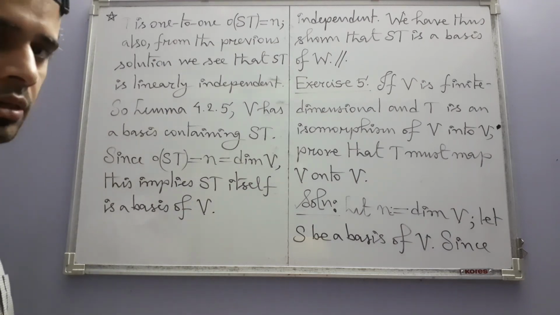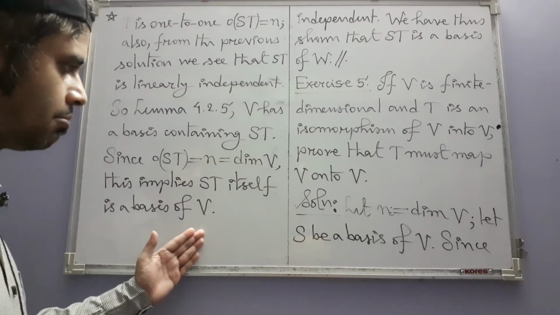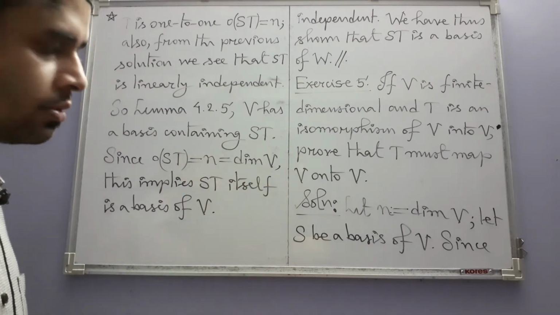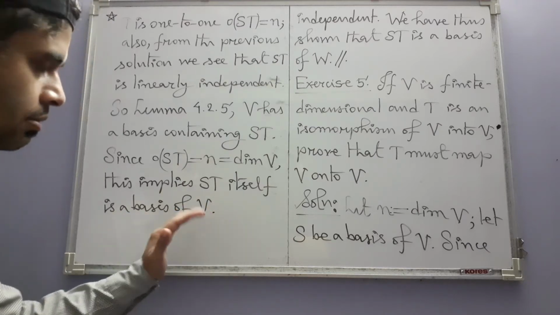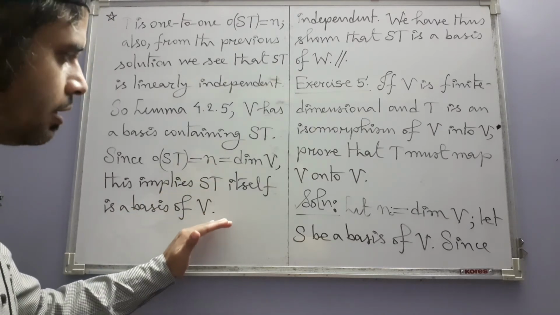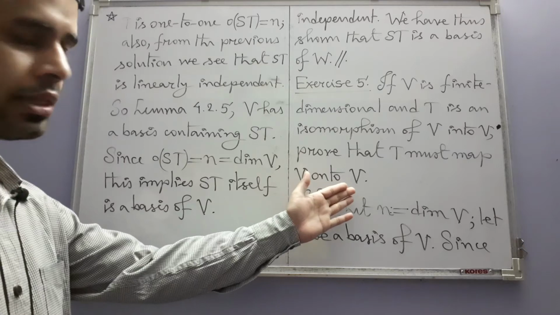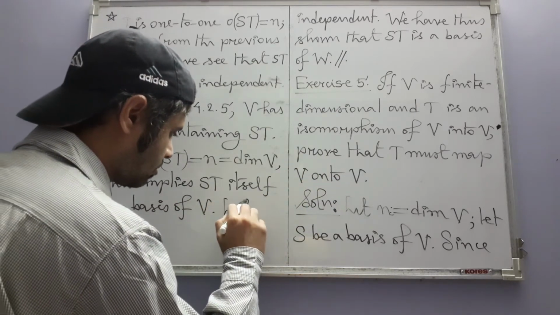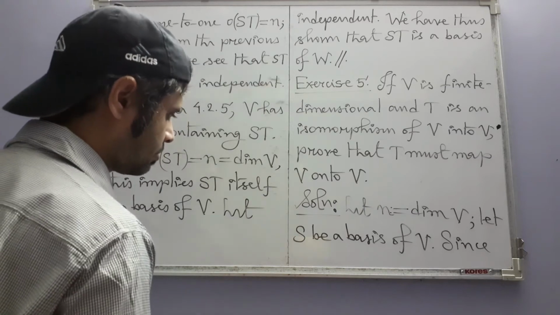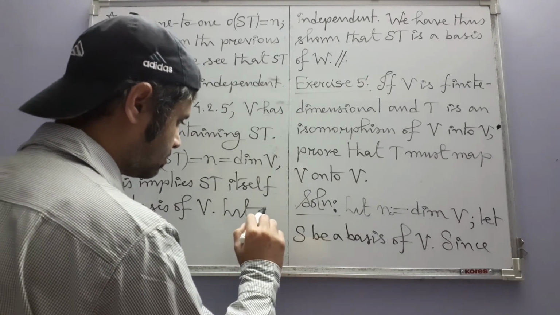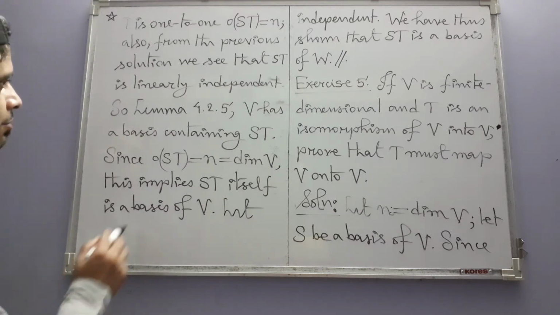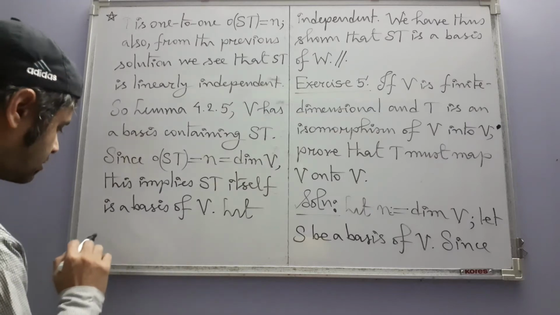Okay, but we are not done yet. We have done something, but we need to show that T is an onto map. So now using what we have achieved here, we can show that T is onto. So for that, let us say, what shall we take? We can take v, because we haven't taken anything here in this solution.